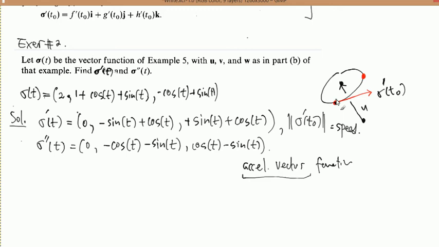There's a speedometer; suppose you have an acceleration meter. If it spins around at a constant angular speed, which is the situation here, what will be the reading of this acceleration? It's zero, right? Speed is not changing here. But the magnitude of this sigma double prime is not zero, is it? It's not zero. So we need a different interpretation of the acceleration vector.